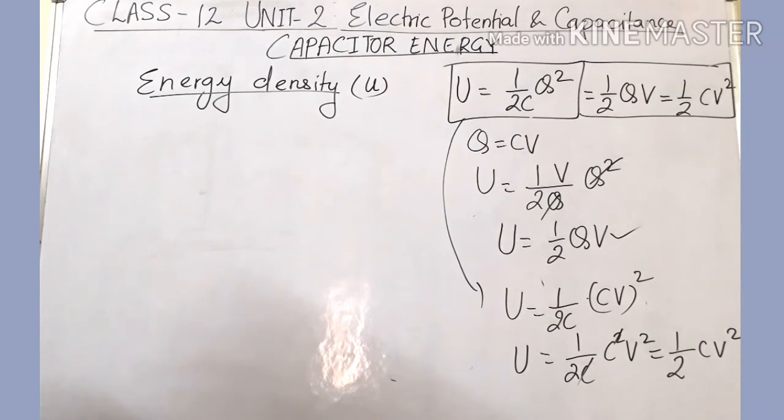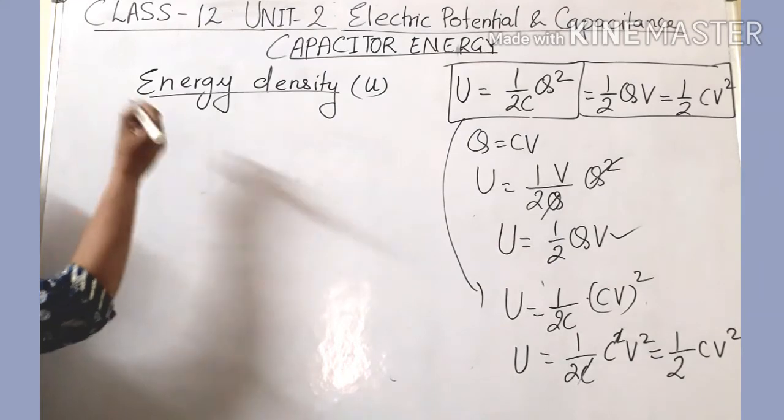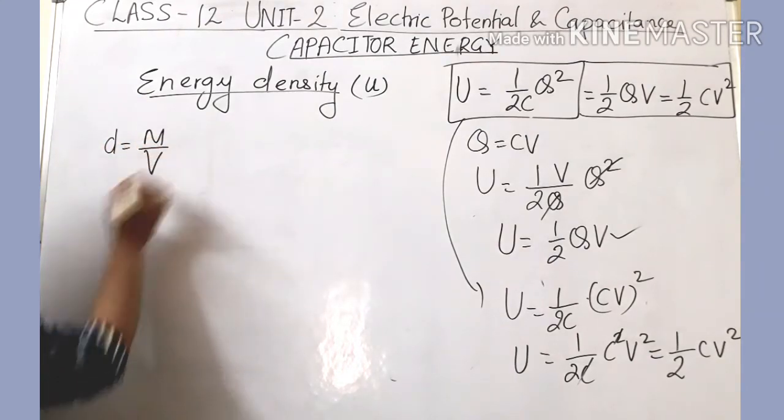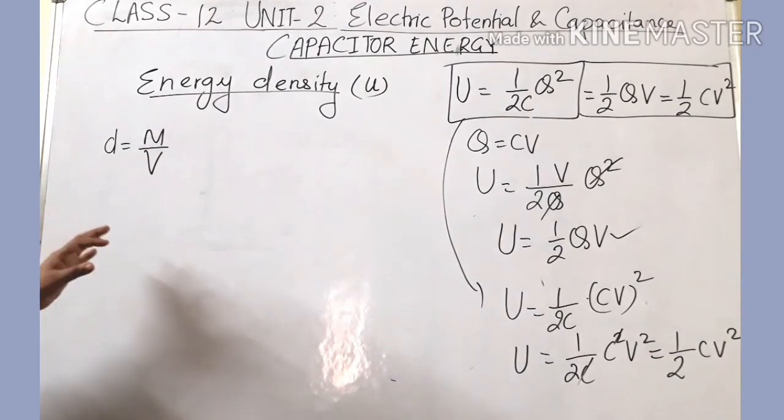Now energy density is represented by small u, and by this density term you can easily guess the basic formula of energy density. Density is equal to mass over volume. So if anything is divided by volume, that comes in the form of density, like number density.